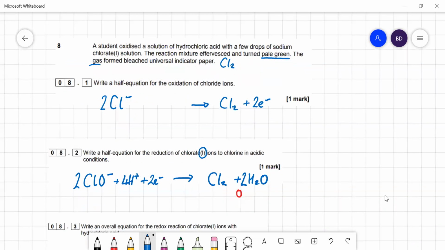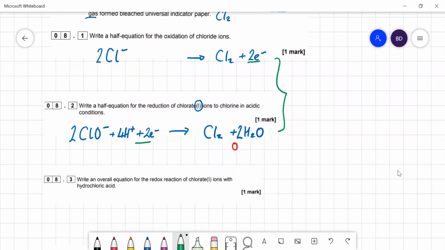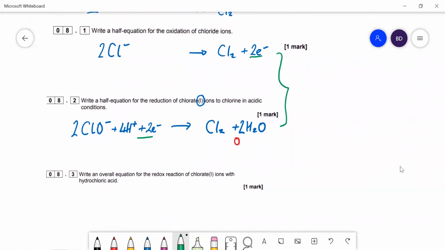Right, now write an overall equation. So we've got to combine these two in this step. They're both 2 electron processes, so we don't need to multiply or anything, we just need to add them together. So we're going to get 2Cl minus plus 2ClO minus plus 4H plus goes to, well, we've got a Cl2 there and a Cl2 there.